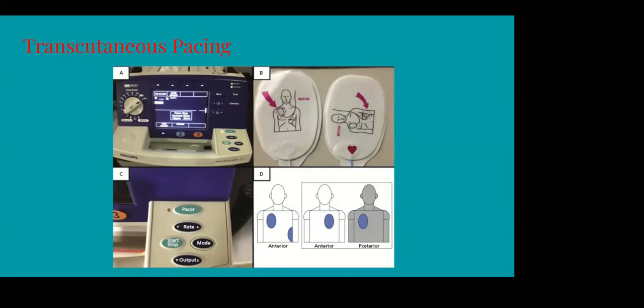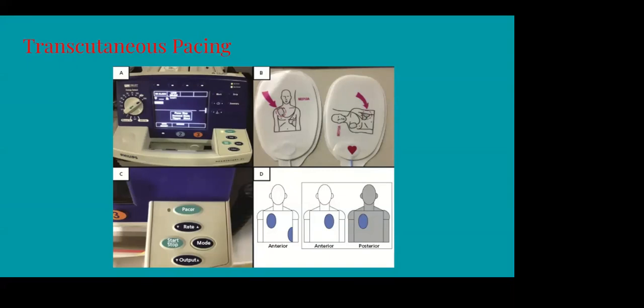Sometimes it all depends on which hospital you're working in, whether you have the expertise or the facility to do a temporary wire, and that is also one problem. And then what are you going to do while transferring the patient? So you think of transcutaneous pacing.